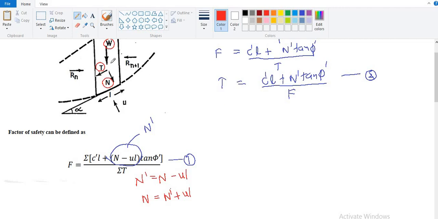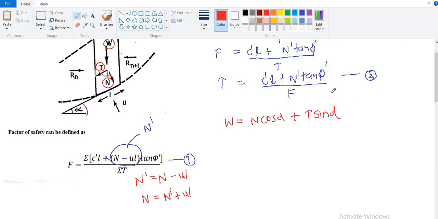If we take the components, you know this is alpha, then you can take the values of the angles, so this will be alpha and 90 minus alpha. So you can write W as N cos alpha plus T sin alpha.